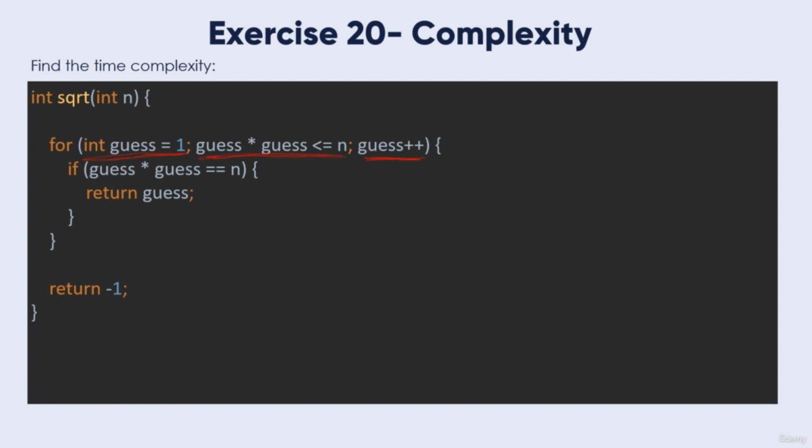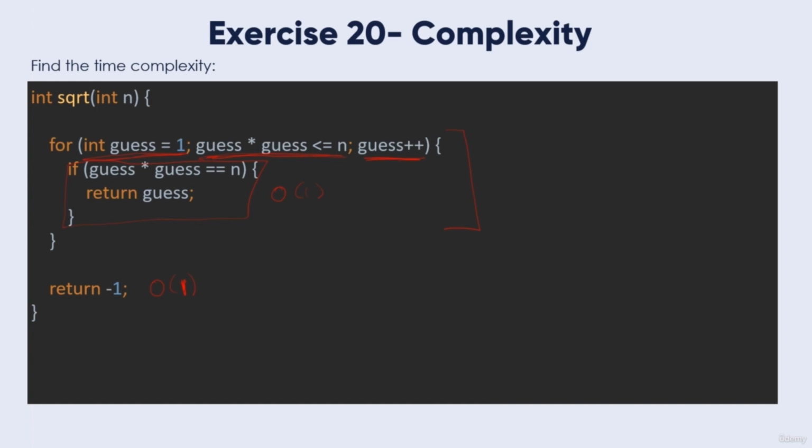Inside the loop, there is an ordinary if statement checking just guess times guess, which is guess square, equal to n, return guess. This is O of 1. And return minus 1 is O of 1. So the for loop here will determine the complexity of this function.